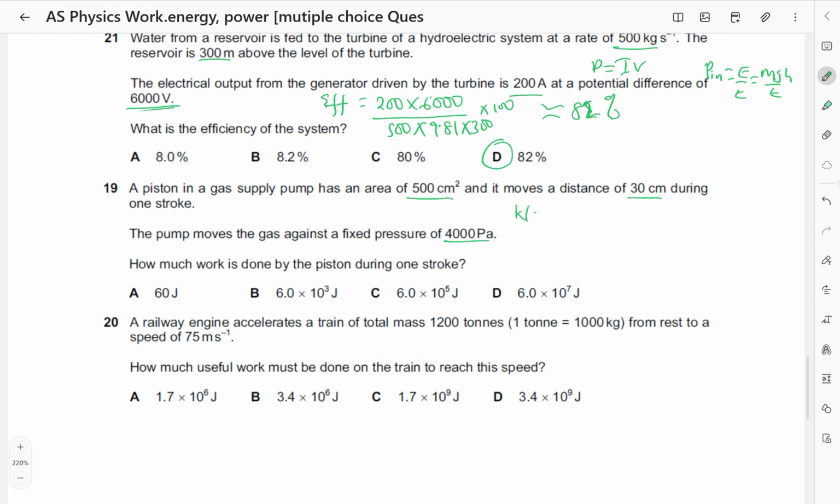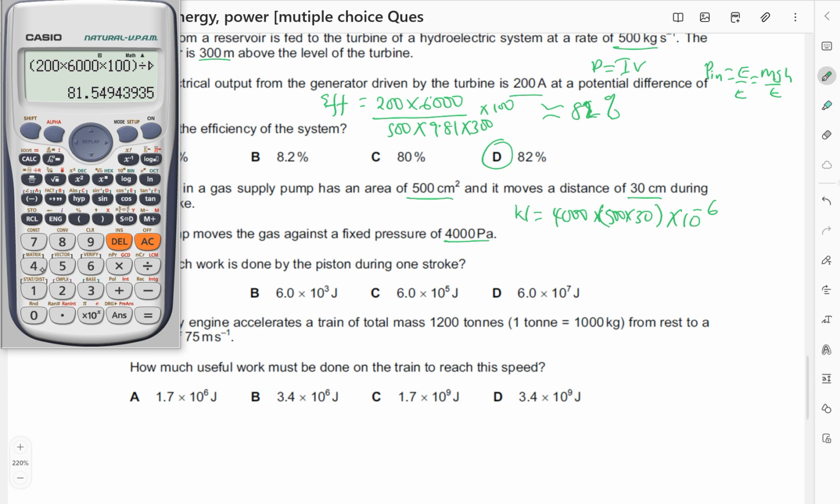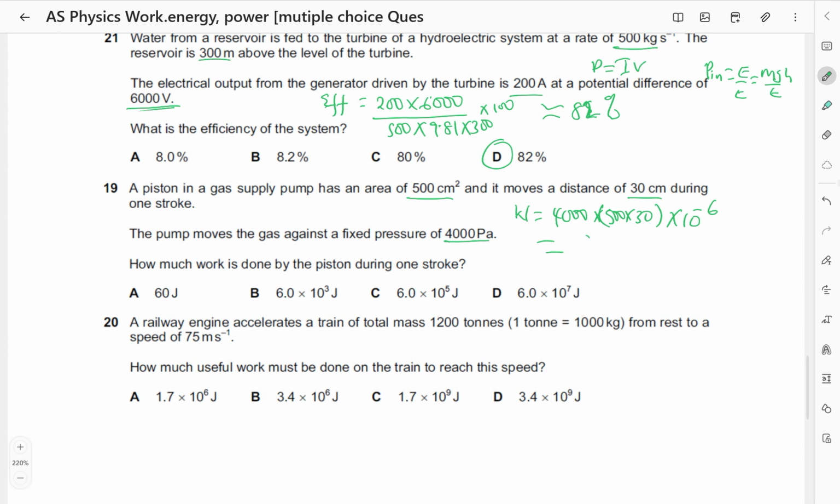So work done is pressure, which is 4,000, times the change in the volume, which is 500 times 30, but we change this to meters cubed by multiplying by 10 power negative 6. So 4,000 times 500 times 30 exponent negative 6. That gives us 60. So this is 60 joules. So my answer is going to be A.